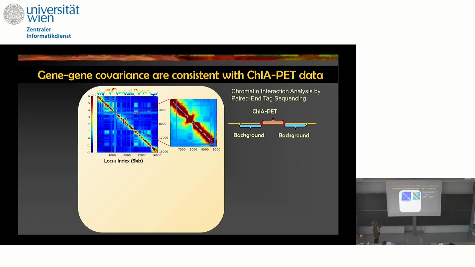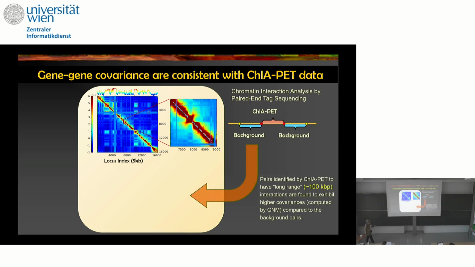Now, what are ChIA-PET experiments? They call them long-range correlations, but actually they are not such long-range, because we are talking about things separated by 100 kilobase pairs. If each node represents 20 kilobase, we're talking about only 5 nodes out of 1,600, as we saw in chromosome 17.